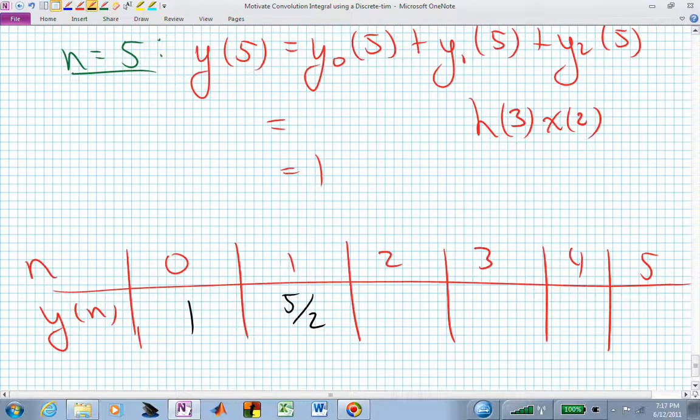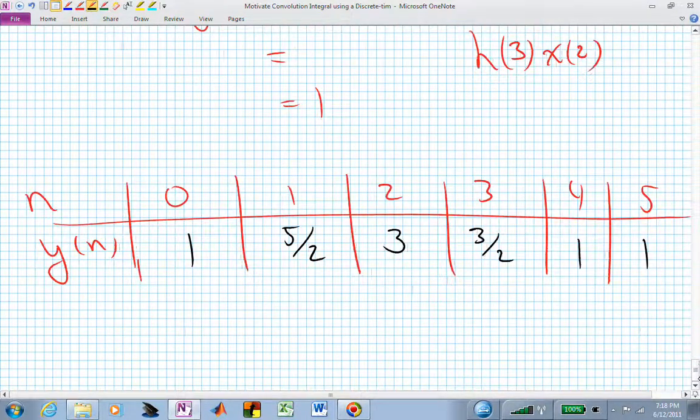At n equal 2, we now had all three components contributing. At n equal 3, we still had all the inputs contributing, but now by n equal 4, the component of the input at time n equals 0 is not producing an output 4 units beyond the time application of its input, and consequently we are going to then be finished with our response, and this is now the complete response.